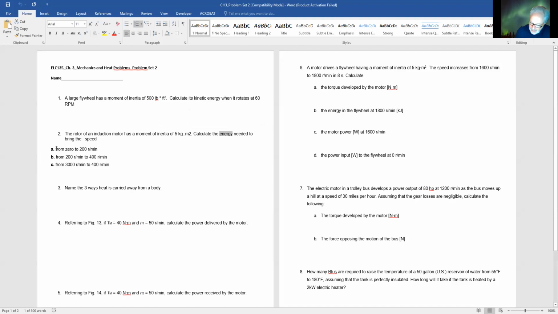And then the rotational speed, we'll get from these values that we're looking at here. So we'll work through each one of those independently based on that equation.